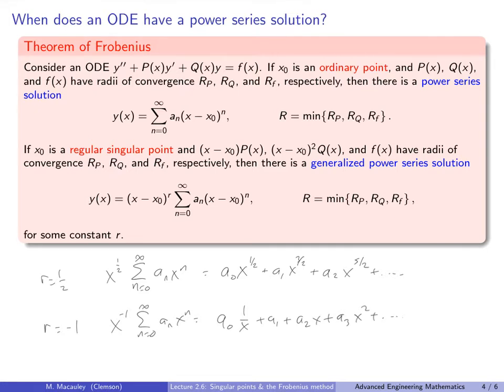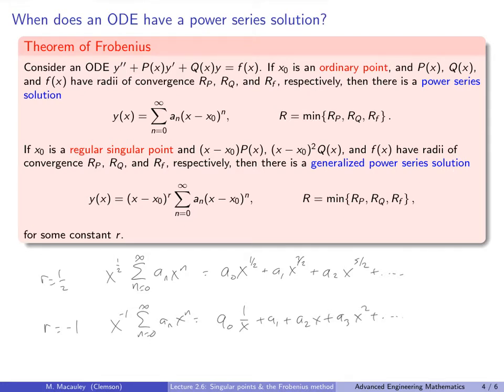Now, we know that the fundamental theorem of linear ODE says there are 2 linearly independent solutions. I'm not guaranteed that this method is going to produce a second one. This method that I will show you, plugging this back in and finding n and finding r, will give us one of the solutions, but then all bets are off for how to find the second one.